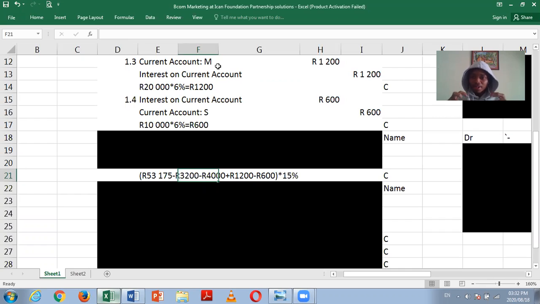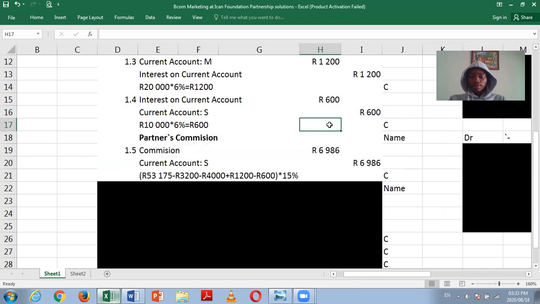But on the side of the partnership, it was charged. So it means the partner is liable for that interest, right? So that's why it's positive, and then minus the 600 on the interest on current account for S, and then multiply by 15%. How much are we getting? I think we're getting 6. Let's see our calculations.